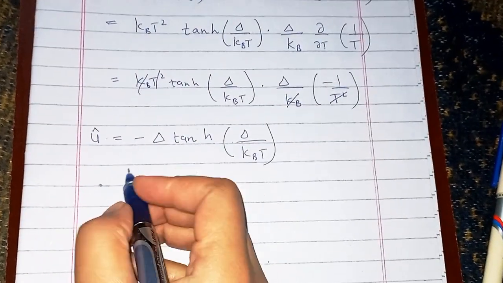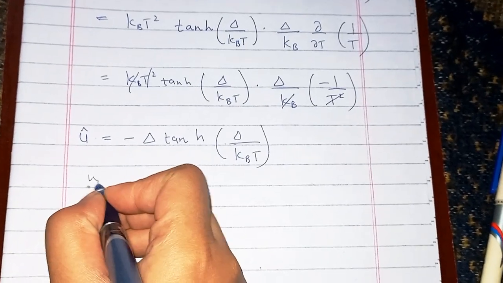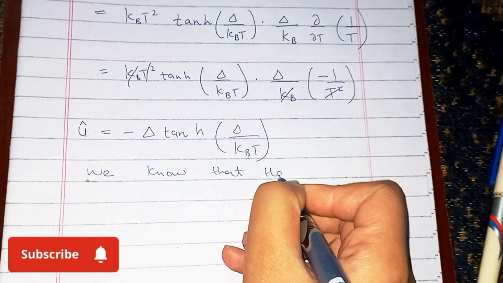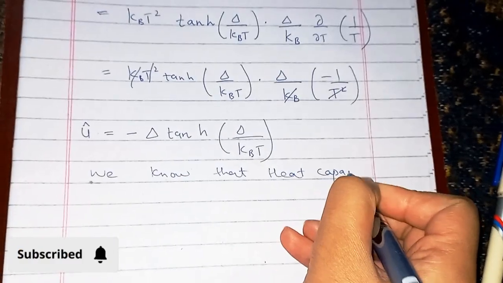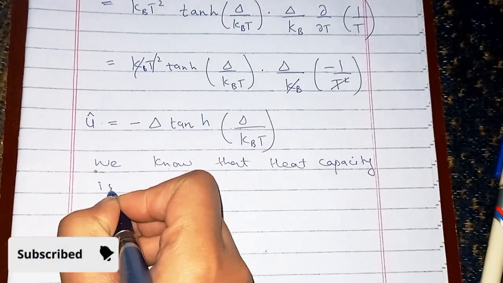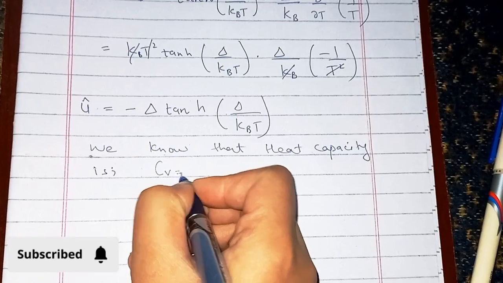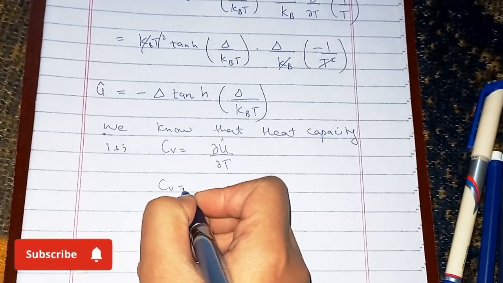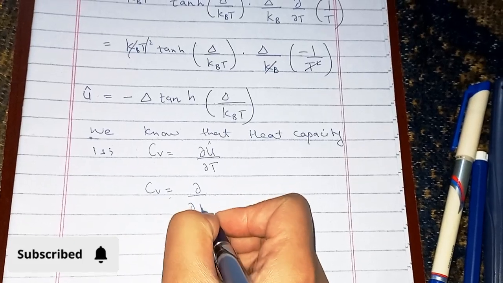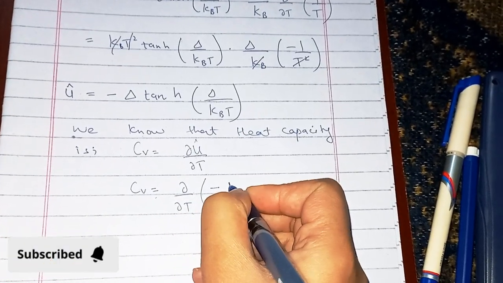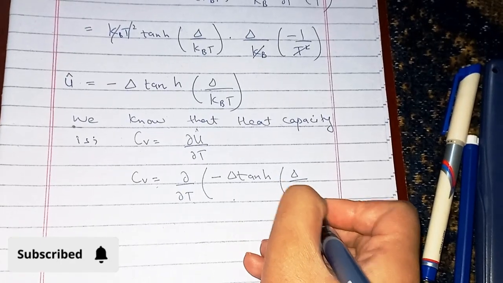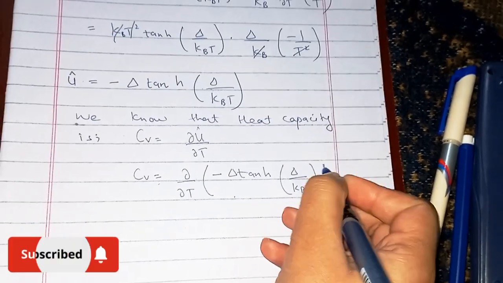But we wanted heat capacity, which is simply, we know that heat capacity, we have written its formula at the start. So CV equals partial u bar by partial T. CV equals partial by partial T, let's put the value here, minus delta tanh of delta by kBT.